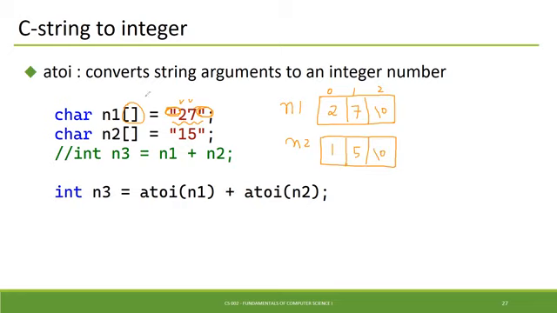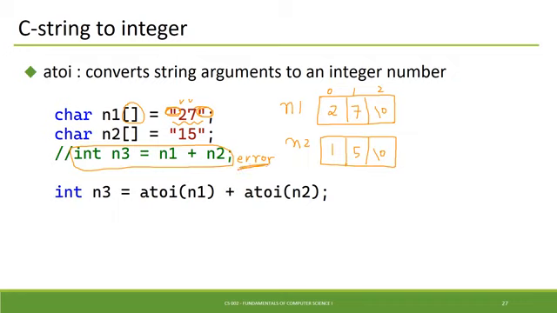And then I just think these are numbers, so I want to add two numbers. I try this. This is an error, because the computer does not know how to add two strings. 27 and 15 are strings in this case. It is not a number, so this does not work.